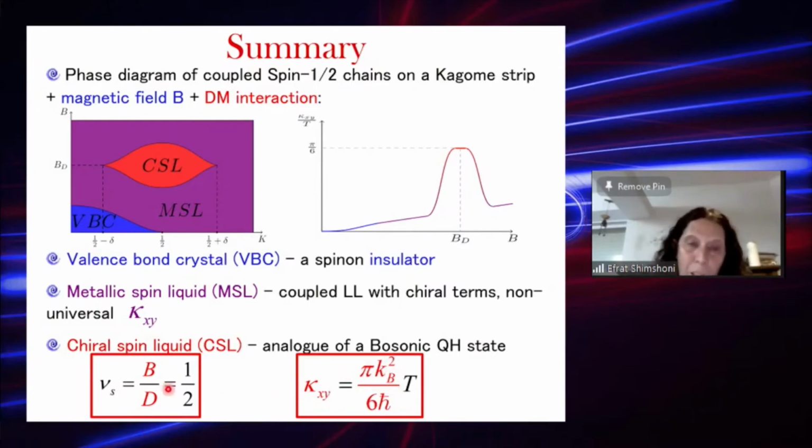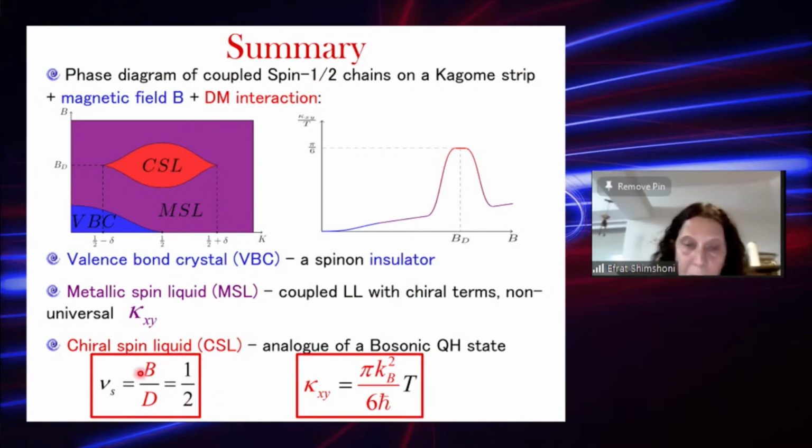The condition for that is that the magnetic field is close to the center of this plateau, which is when its ratio to the DM interaction gives you a particular fraction. In this case, it's the fraction 1/2.